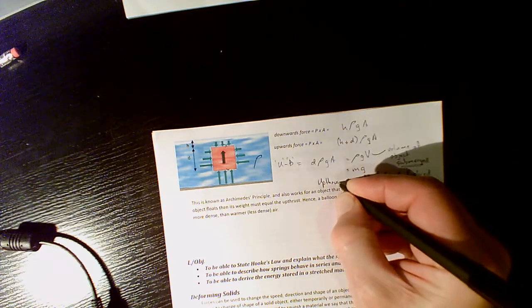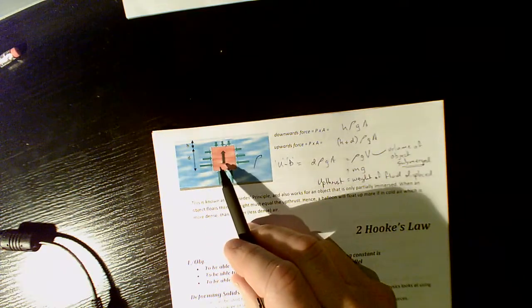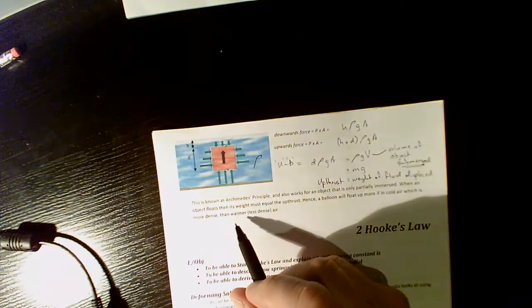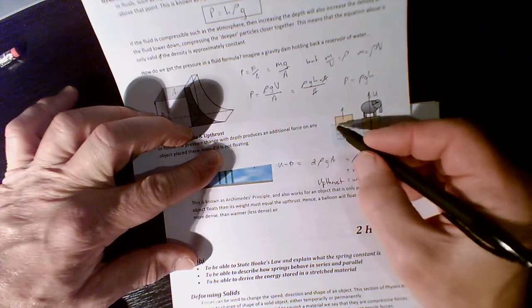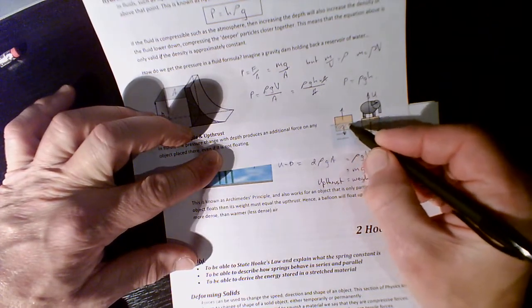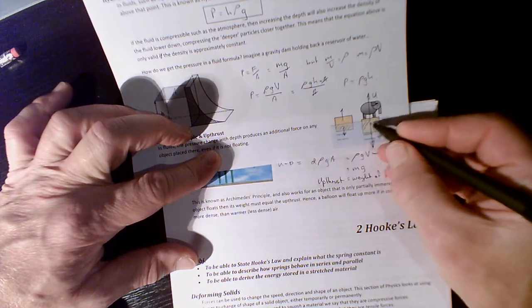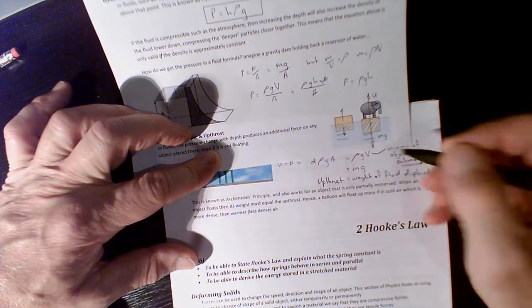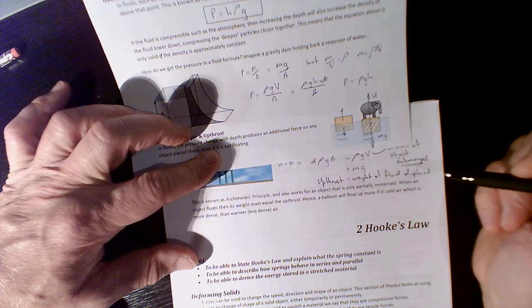Which is a beautiful little idea, in that if we find out how much is missing, that's how much force is pushing up. So if we go back to here, we've got a little bit of volume missing, so there's a little bit of upthrust. Here we've got much more water being pushed out of the way, a much bigger volume of water, and so there's a much bigger upthrust.